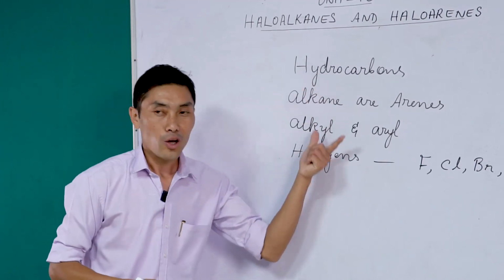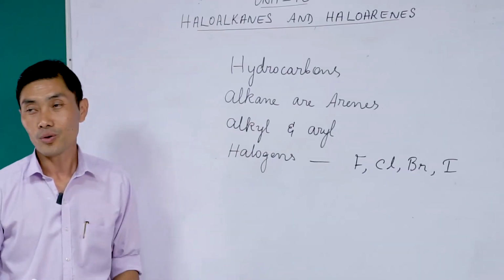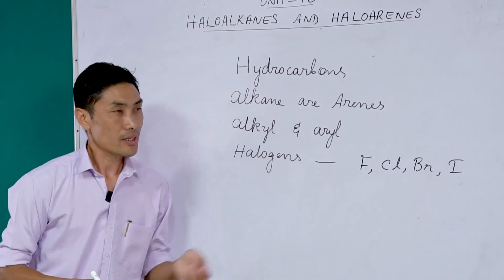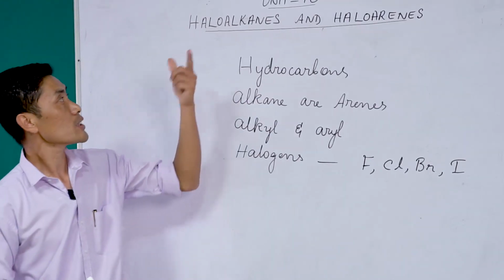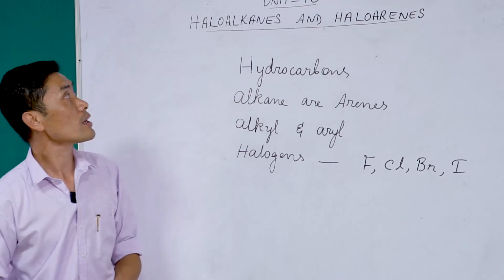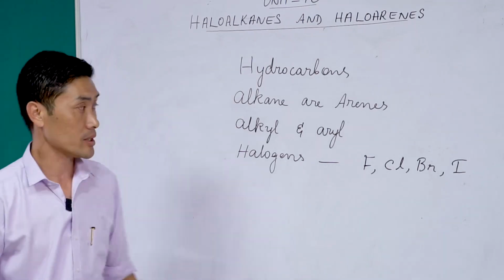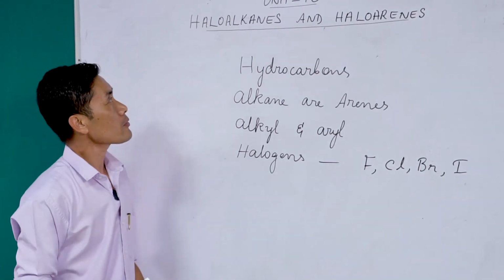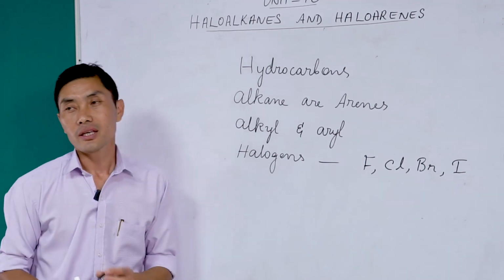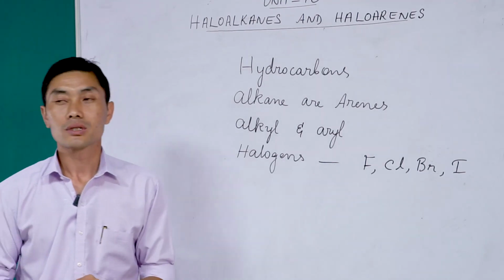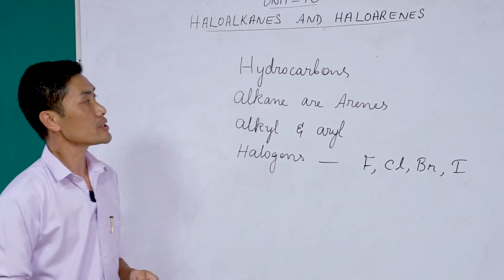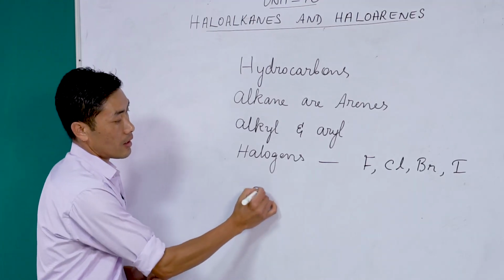So I hope you remember these things now. Keeping this in mind, let us now try to understand what are haloalkanes and haloarenes. Haloalkanes are the organic compounds which are represented by the general formula RX.